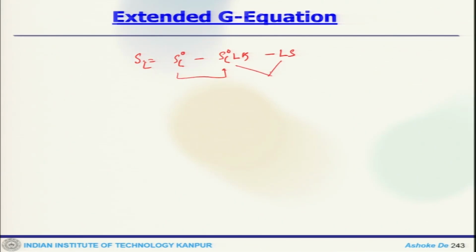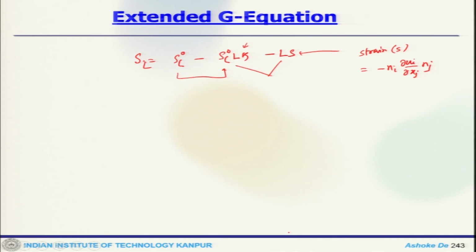L is the Markstein length, kappa is curvature, and S is strain, which is defined as minus Ni del Ui by del Xj Nj.